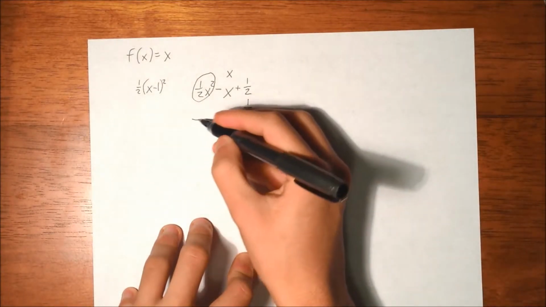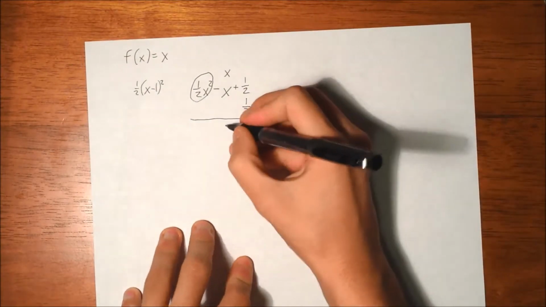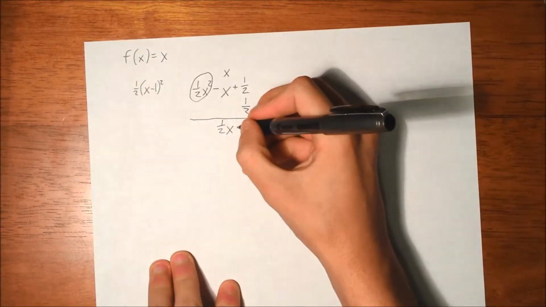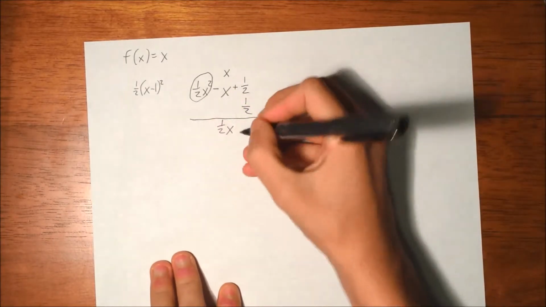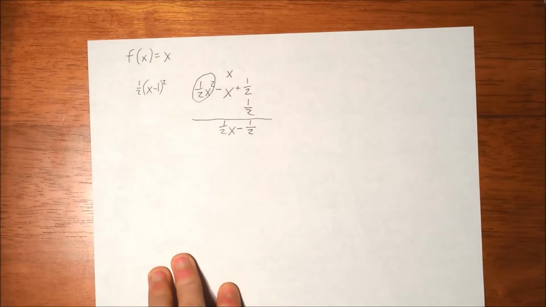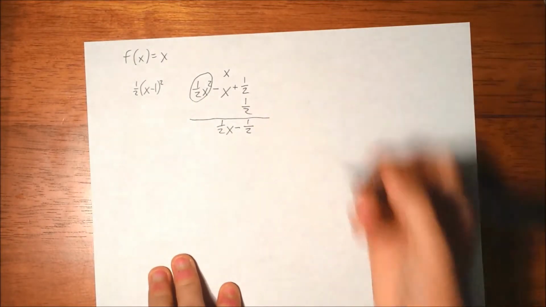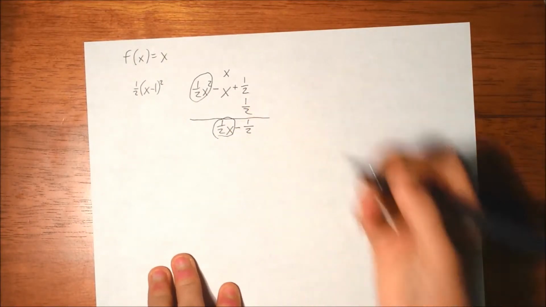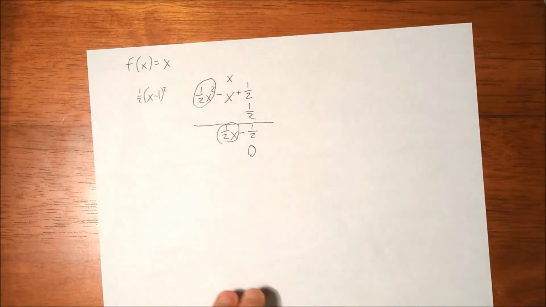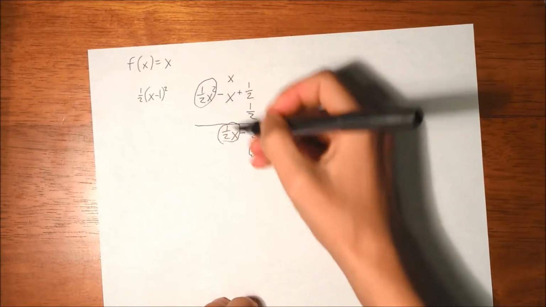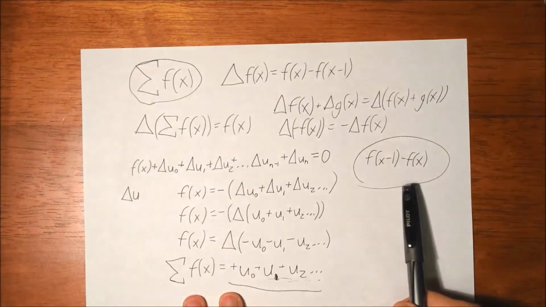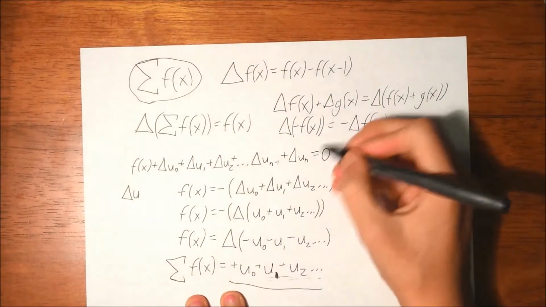So there's a 1/2 left over. And we're going to take the integral of 1/2, which gives you 1/2 x. And then we're going to substitute x minus 1. So you end up with 1/2 x minus 1/2. And then you circle this to show that it's subtracted, and you end with 0. So these were the values of u, which the negative delta was taken of, and it all adds up to 0.